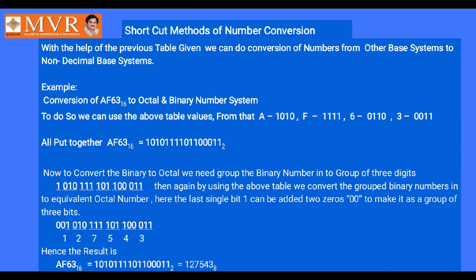For that 1 bit, you add 3 zeros where there is no change. Again, these binary values are written as their equivalent hexadecimal digits to convert the octal to hexadecimal. So this is the easiest and one of the shortcut methods to convert any other base system to non-decimal base systems.